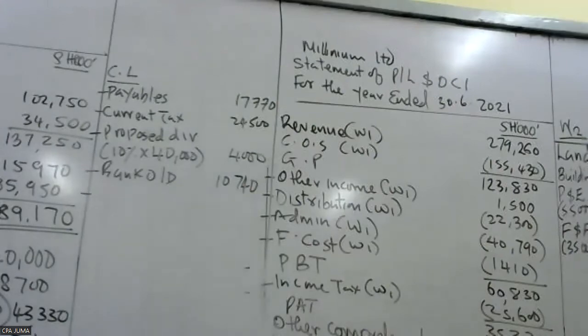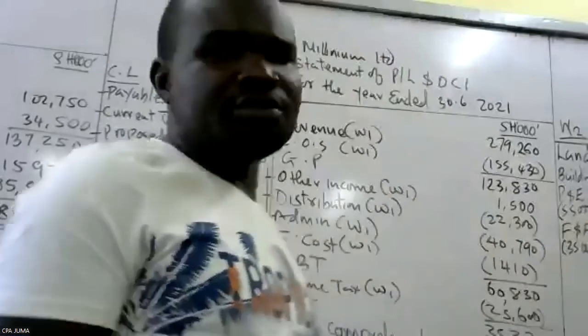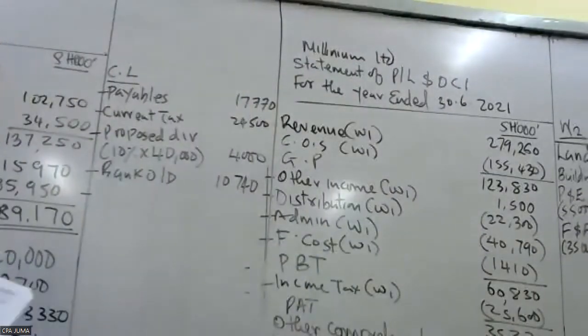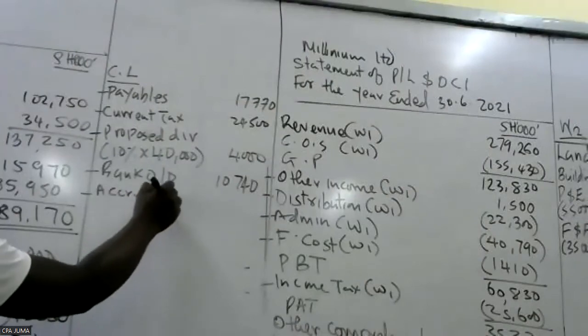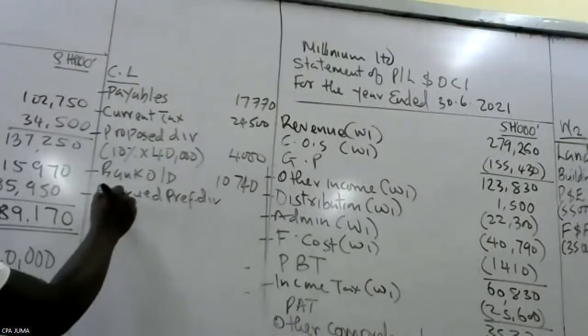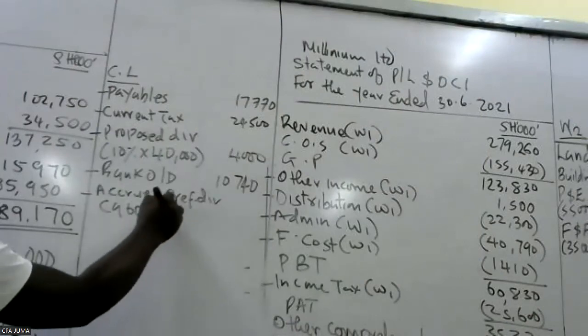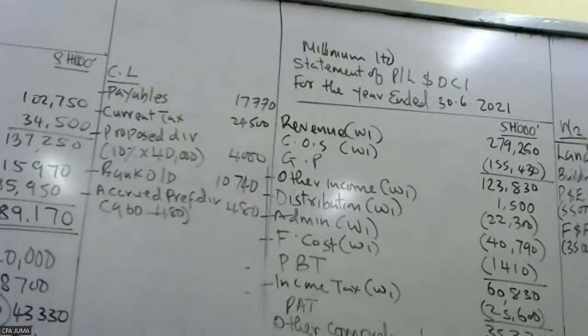Okay. In the allocation was 960. So accrued preference dividend, it was 960, but in the trial balance they only paid how much? So for 8 years not been paid.